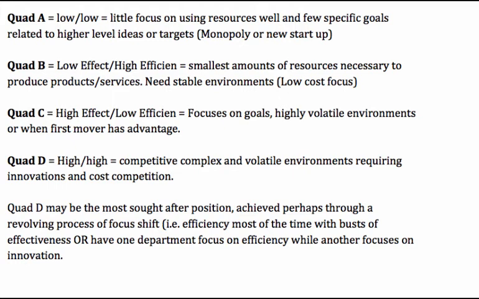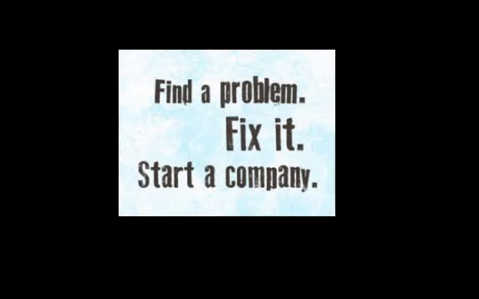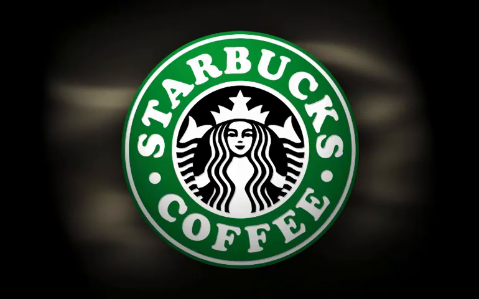So an example of an organization that would fall into quadrant A would be either a startup company where maybe they just have one overarching goal or idea that they're starting off with and definitely haven't developed efficiencies because they don't have enough people or resources, or a monopoly that is pretty complacent in where they're at in their industry.